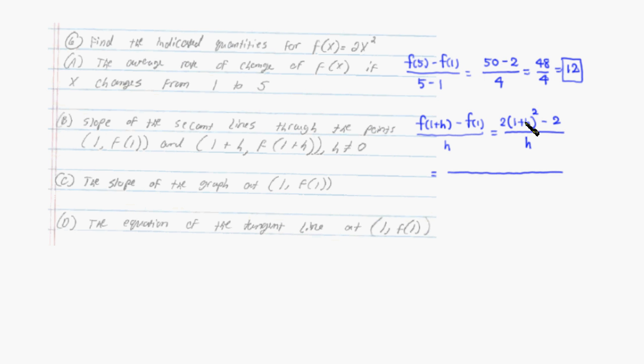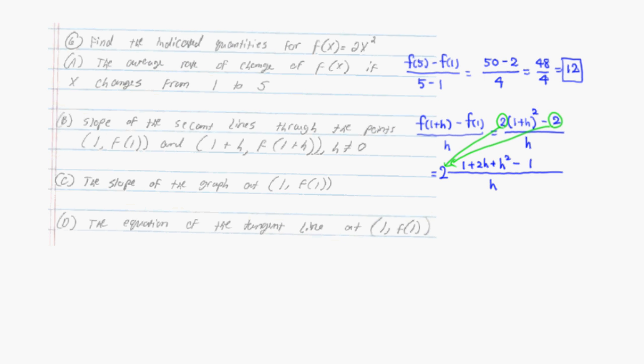I'll collect the 2's and put the 2 in front because it's the same factor. If you multiply out 1 plus h squared, you get 1 plus 2h plus h squared, minus 1, all over h.